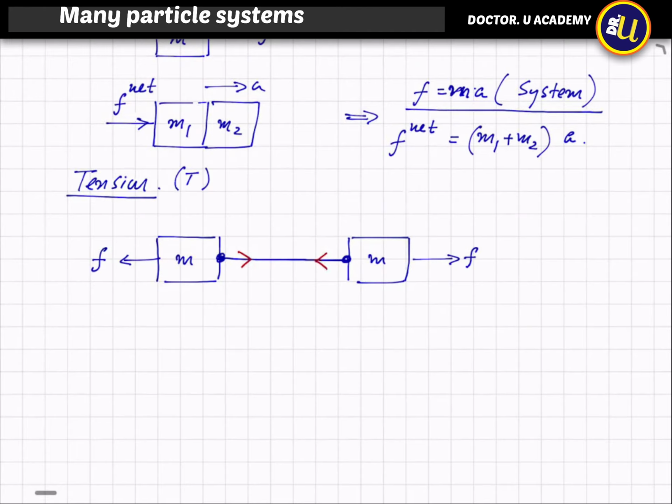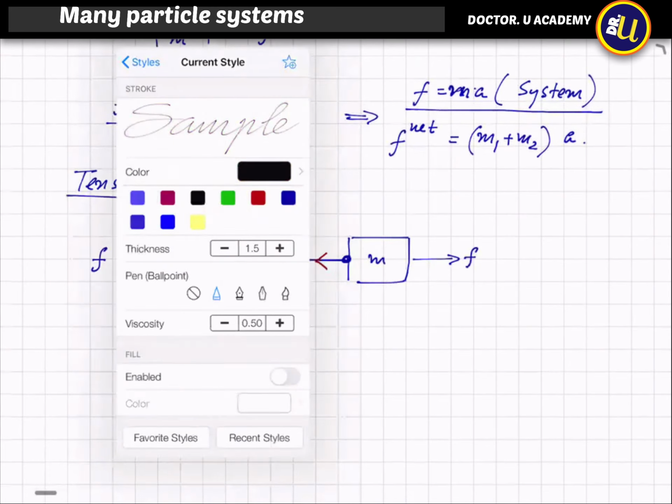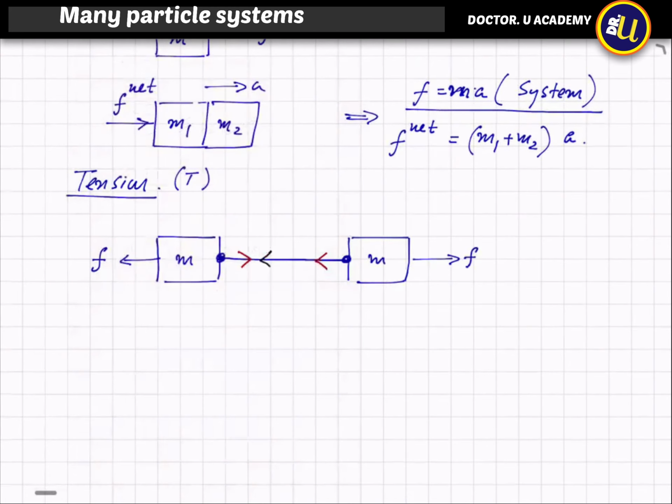Now what will happen, due to this pull, there will be a tension force acting on the rope like this. Also, according to Newton's third law, there will be a reaction force acting on that. So you can see these are tension forces, T and T, so four tension forces are built here.